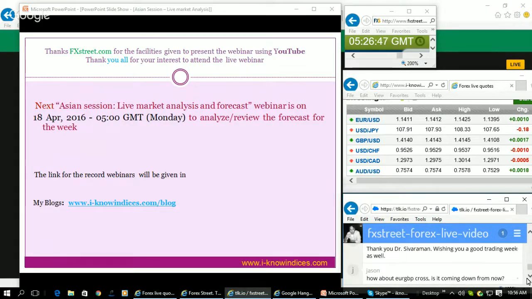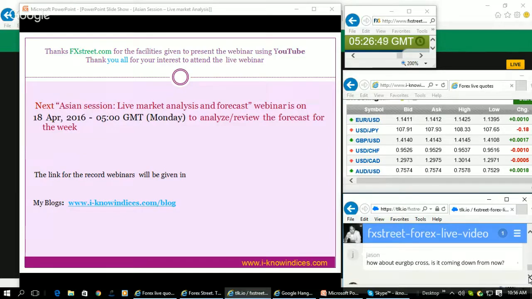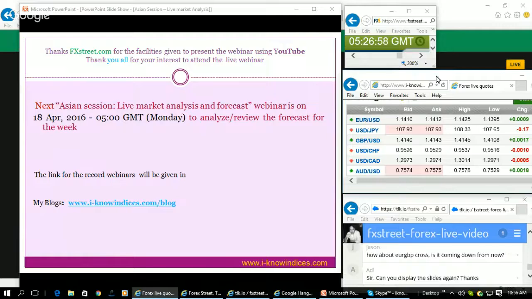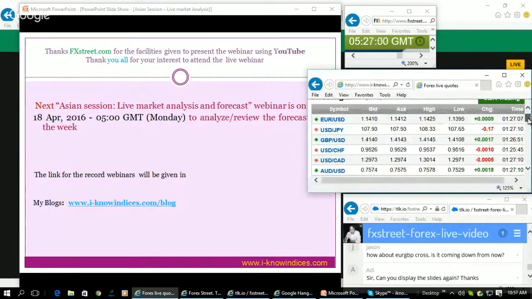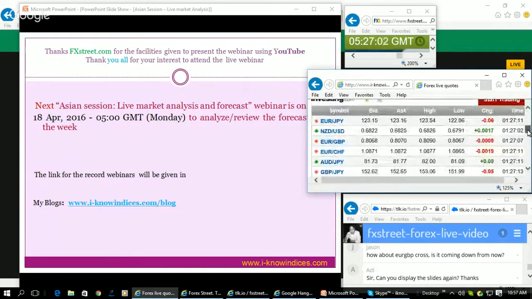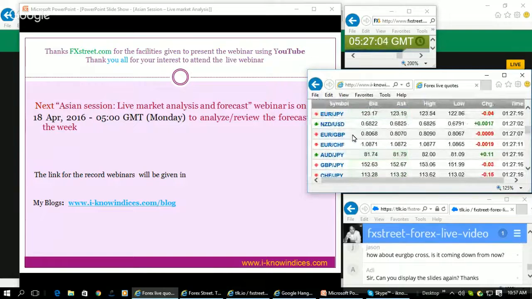Okay, thank you. How about the Euro GBP cross? Is it coming down from now? No, Euro GBP, see, last week they gained Euro and dropped GBP.